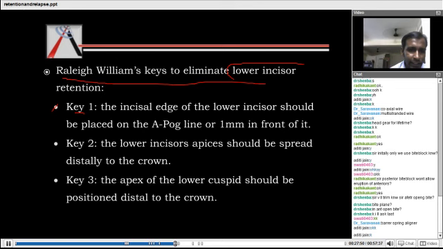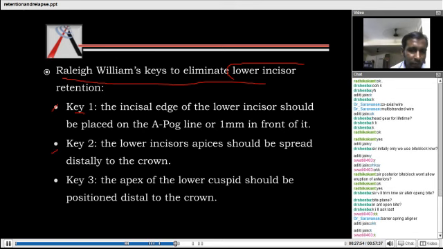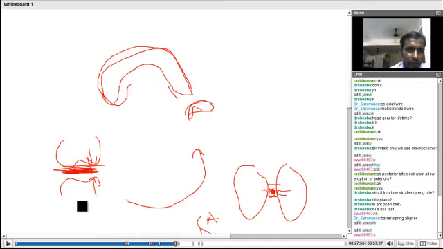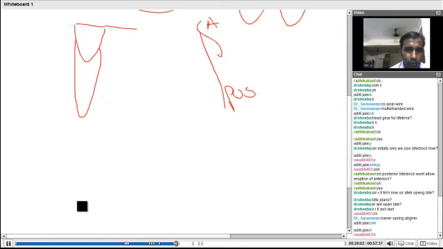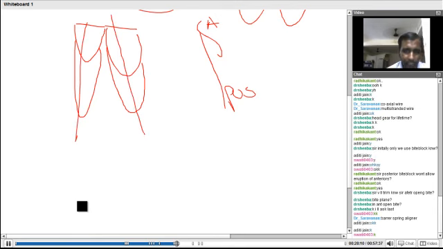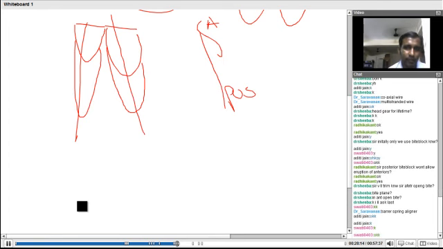The second thing he said is that the lower incisor roots should be distal to the crown. You have the lower incisor crown and the root, and these roots should be distally placed, not mesial, for better stability.